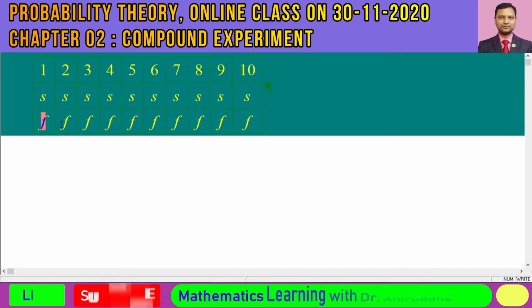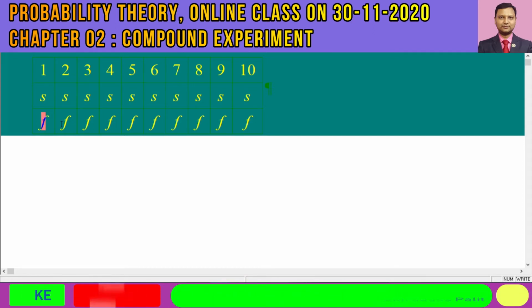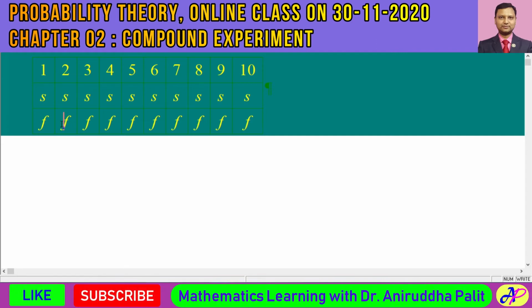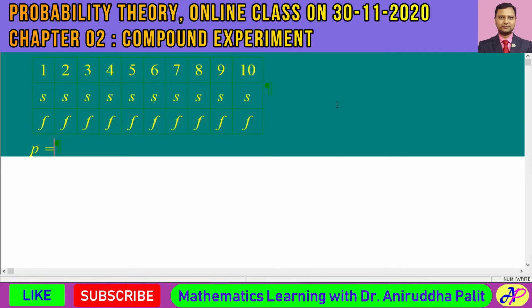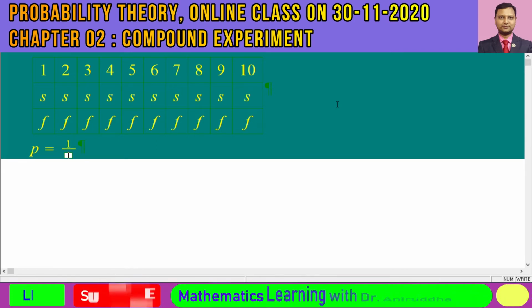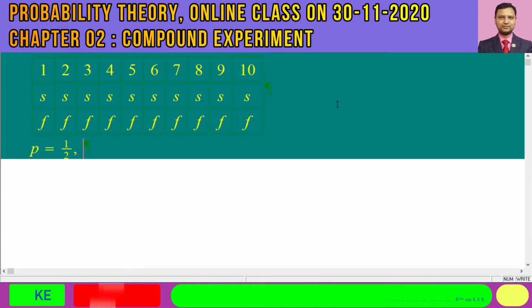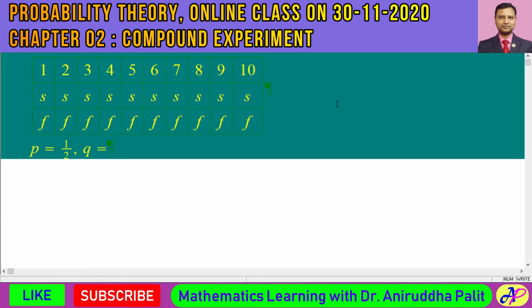Success and failure are equally likely, and because the drawing is random, the probability of success is equal to half and the probability of failure is equal to half. So we generally define p as the probability of success, and in this case p is equal to half, and of course q, the probability of failure, is also equal to half.